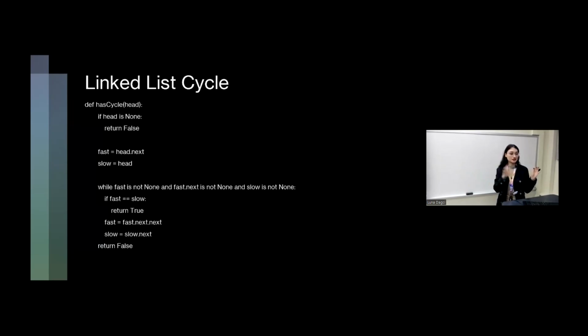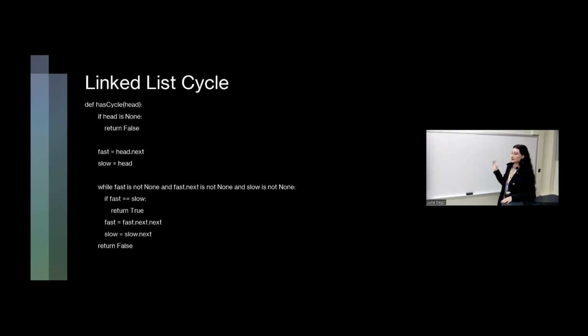Then we check that we're not going out of bounds. The while condition is just the condition that avoids us exceeding the list, so that we don't run into any null elements.